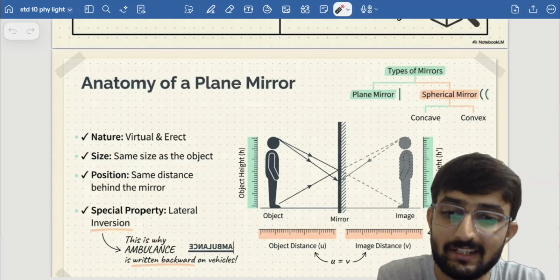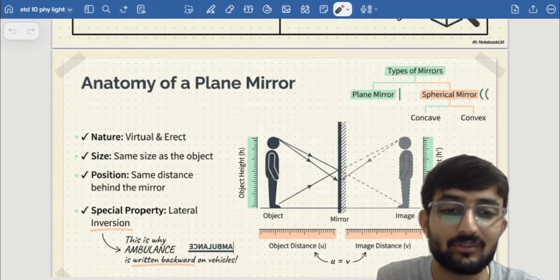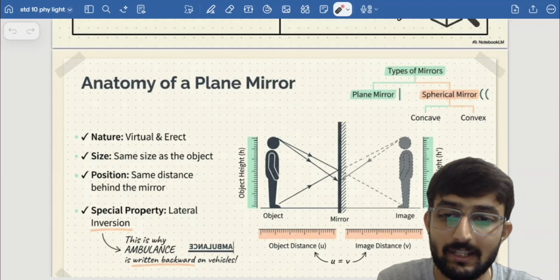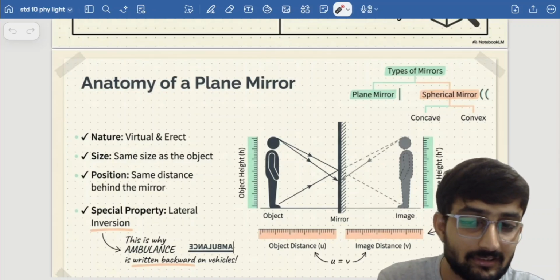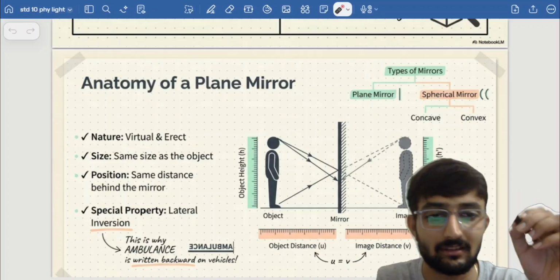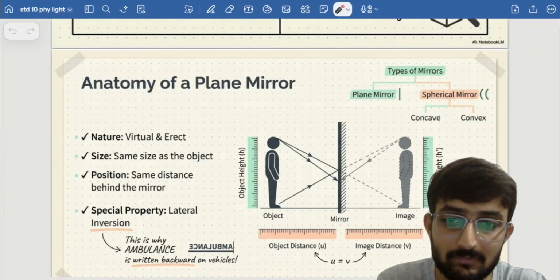It's so that when a driver looks in their rear view plane mirror, okay, that mirror is a plane mirror.